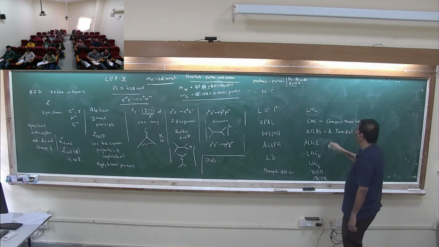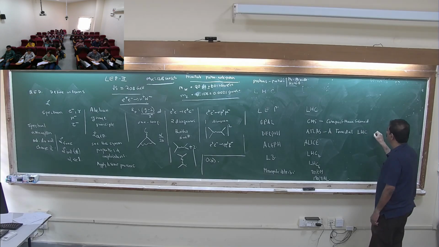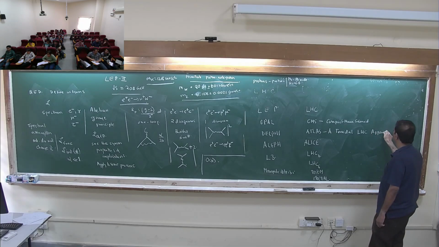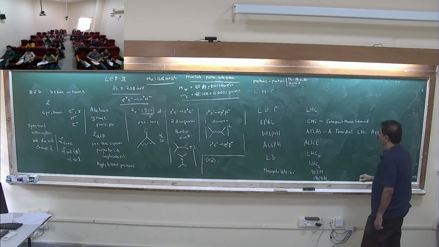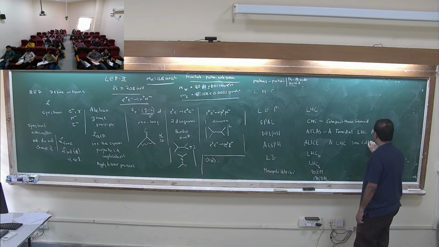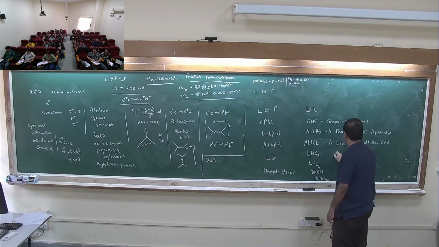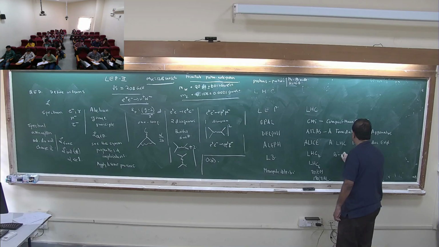And here ALICE is A Large Ion Collider Experiment. And here LHCb is specialized to study B mesons, B quarks.